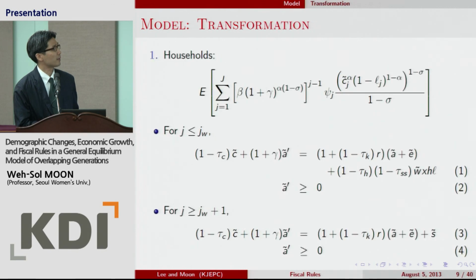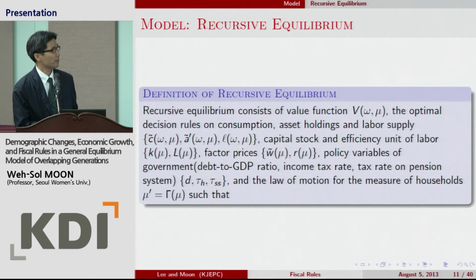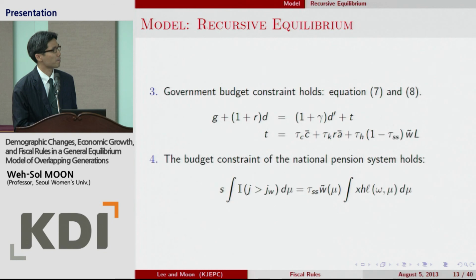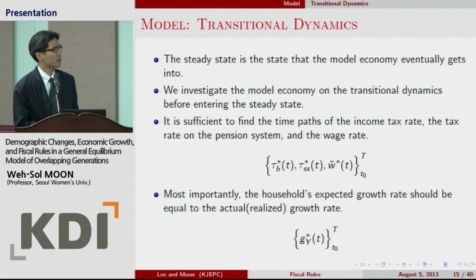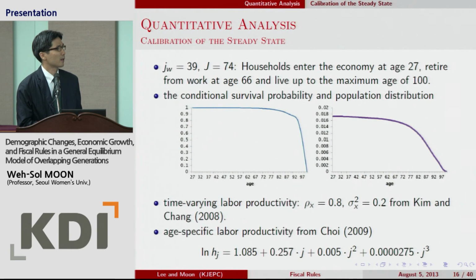Let's go back to the slide right here. It's the growth rate, gamma, right here. So in equilibrium, they should be equalized. The computation is not quite complicated, it just takes time. The third fiscal rule takes a week. I mean, just run the program and wait for several days and it's done.